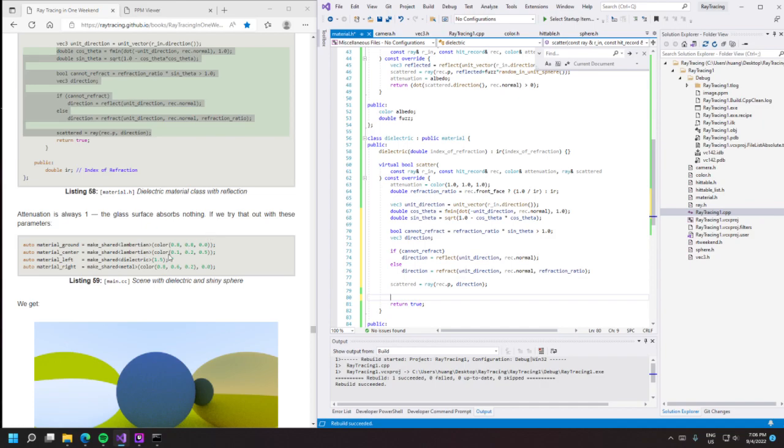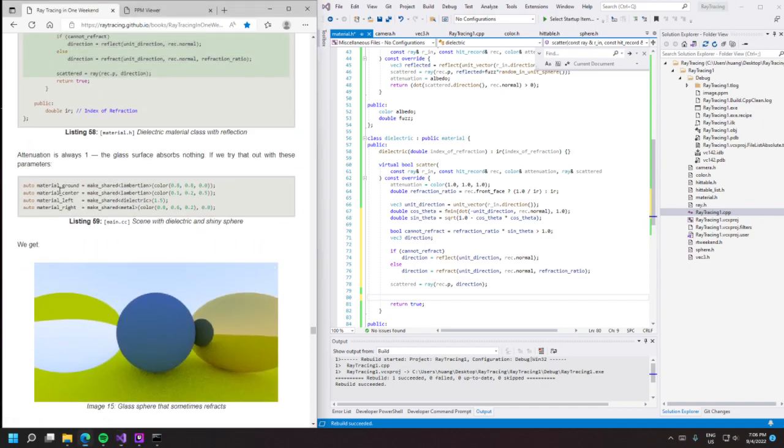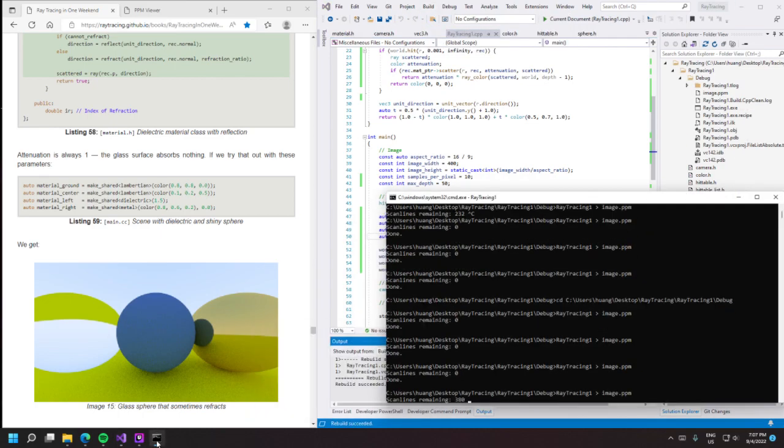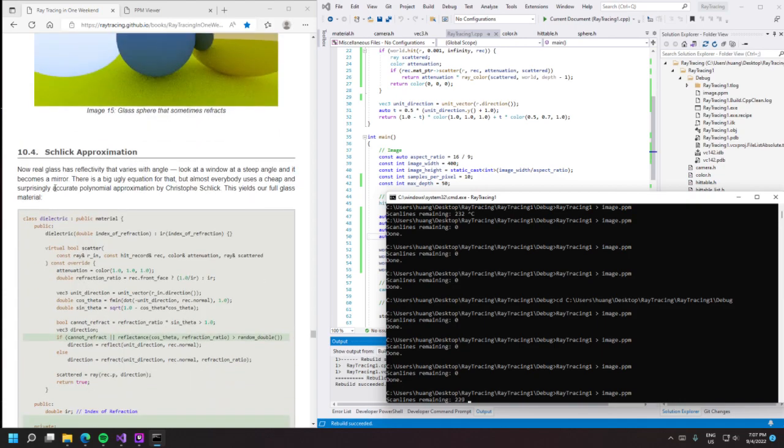And let's change the parameters in the main method a bit to see. Okay, we changed the center material. Now real glasses have refractivity that varies with angle.